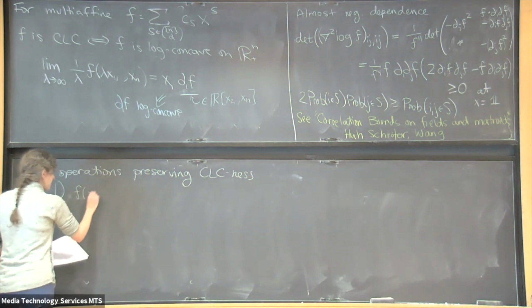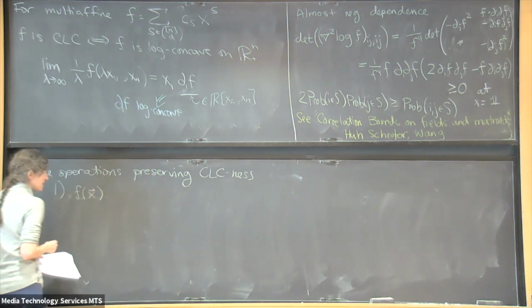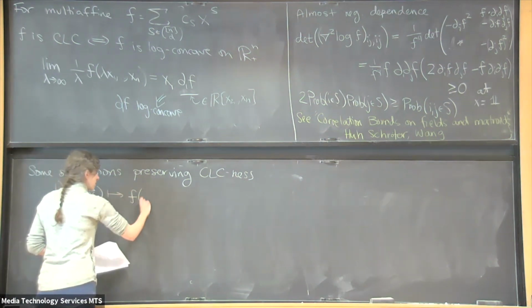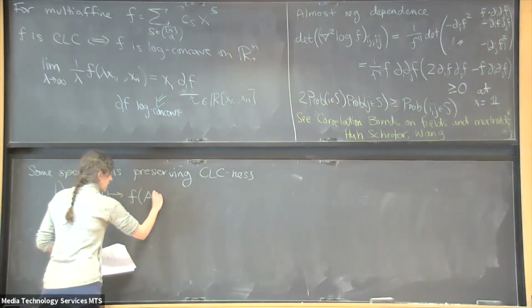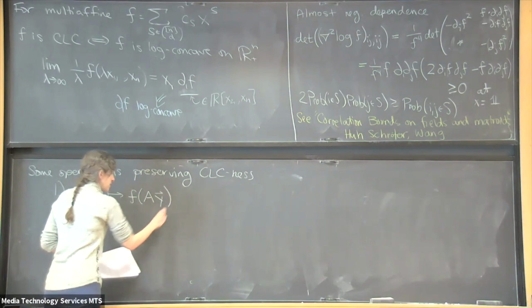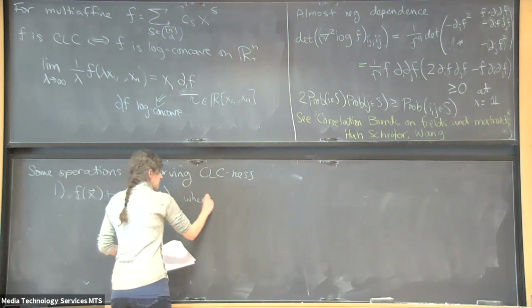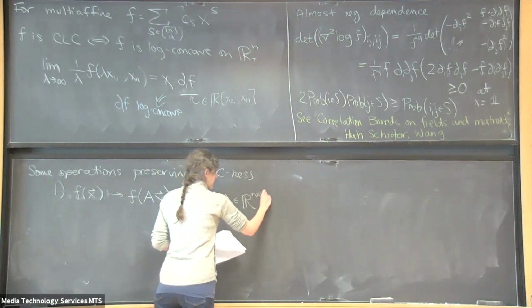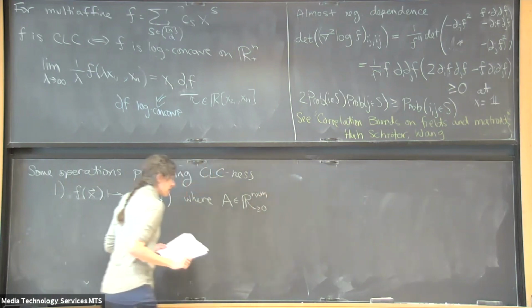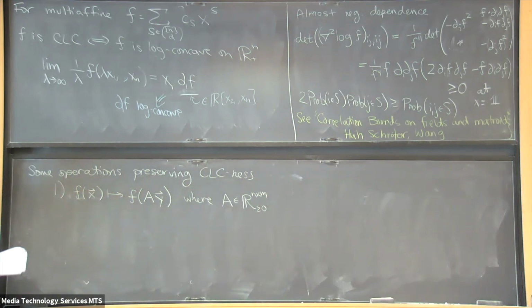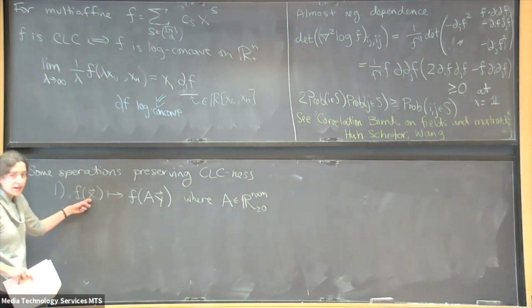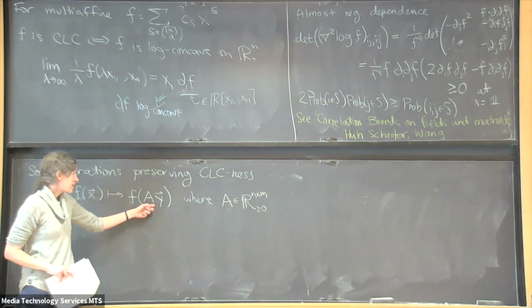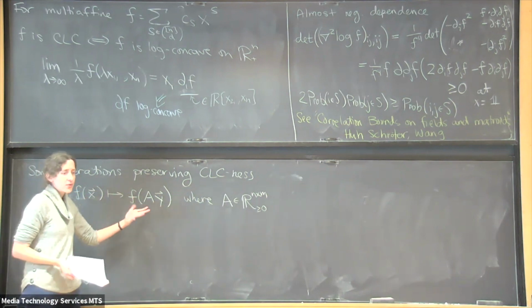So if I take f of x1 through xn and send it to f of Ay, where A is an n by m matrix with non-negative entries, then I claim that if you have a completely log-concave polynomial in x1 through xn, then you're going to get a completely log-concave polynomial in y1 through ym.